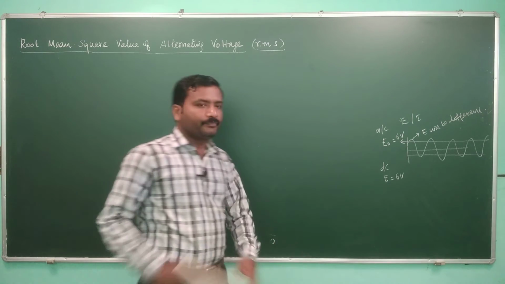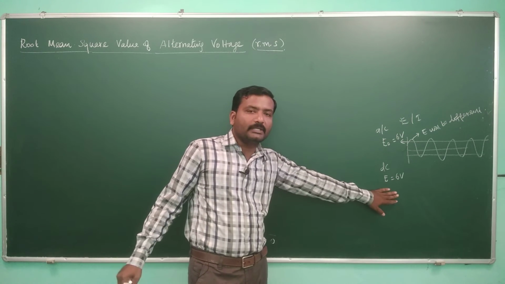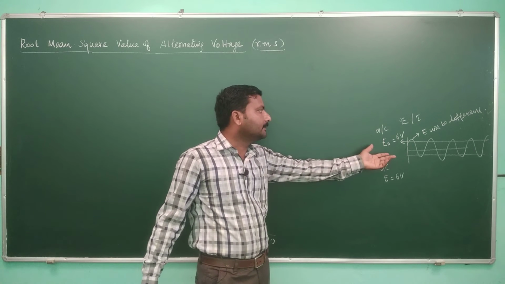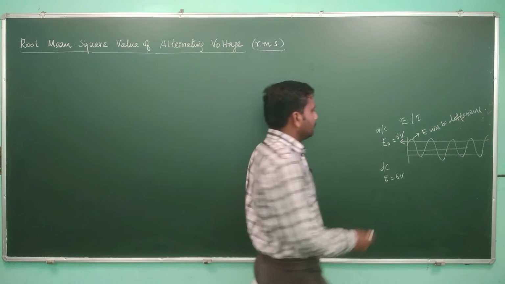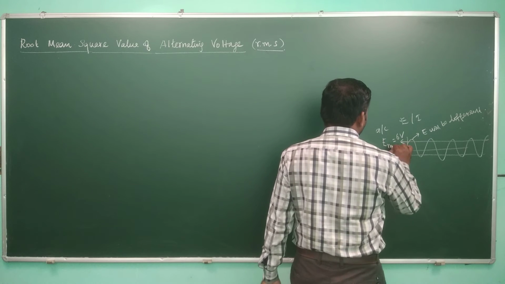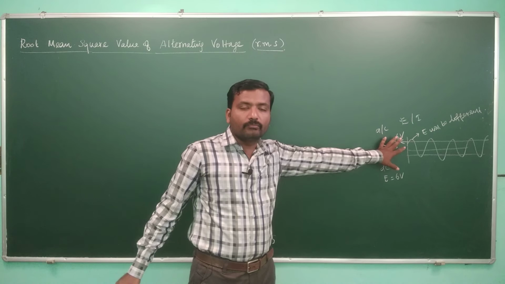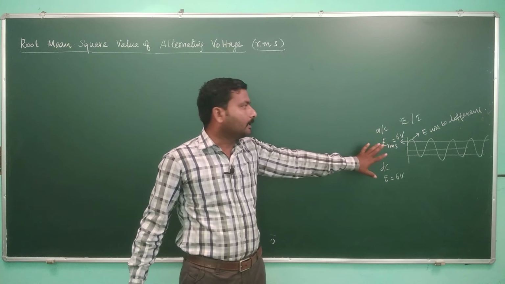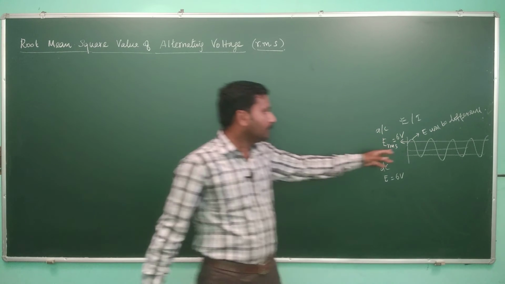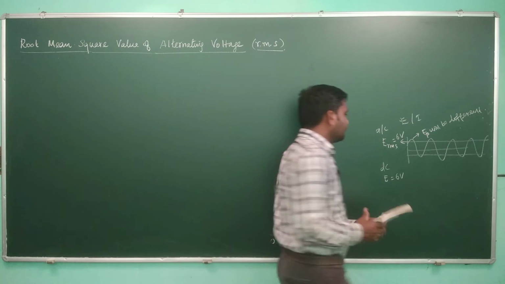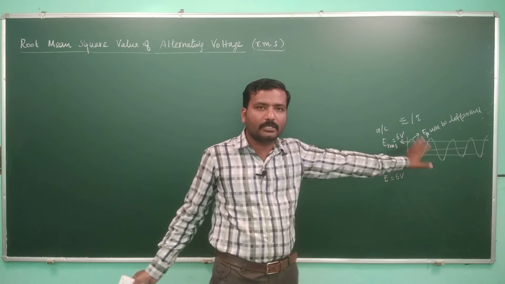Now, you see, a DC has 6 volt peak value, while an AC has 6 volt RMS value. Not E0, the RMS value. That is effective EMF. What does it mean? That here the peak value EP will be higher than ERMS for an alternating voltage or current.